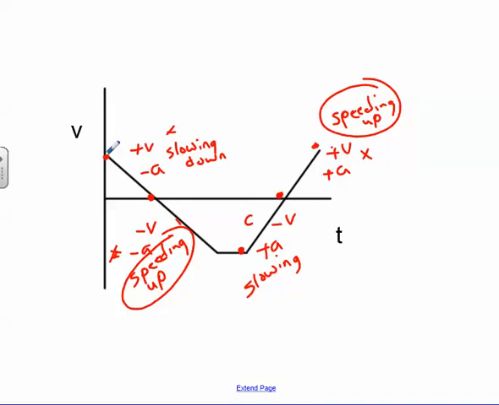And then if you look at the other two situations, the slowing downs, we see the opposite direction for the velocity and acceleration. So what it means is if I'm moving to the left and accelerating to the right, I'm slowing down. If I'm moving to the right and accelerating to the left, I'm slowing down. If I'm moving to the left and accelerating to the left, they're both in the same direction, we're gaining speed.